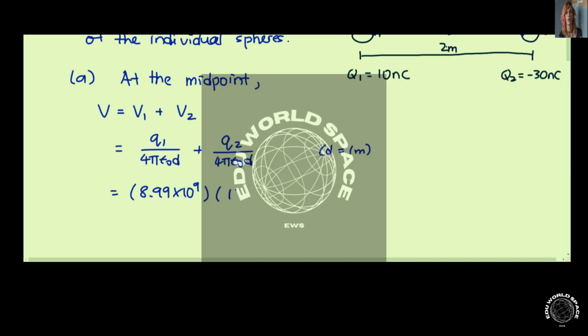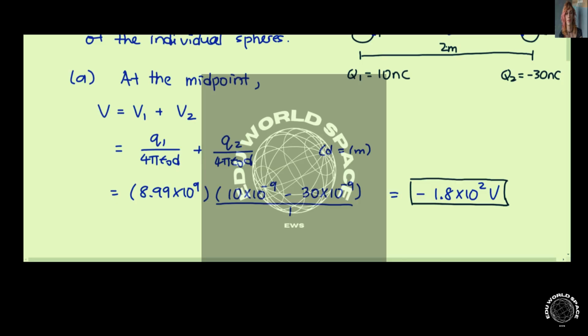Q1 is 10 nanocoulomb, and then minus 30 nanocoulomb, and then divide by 1. So you can calculate V to be negative 1.8 times 10 to the 2 volts. So this is the answer for part A.